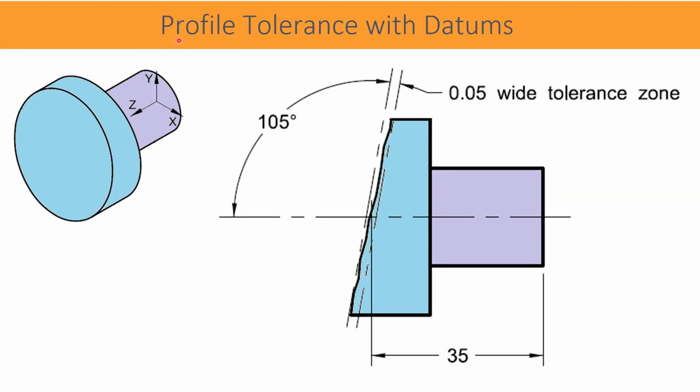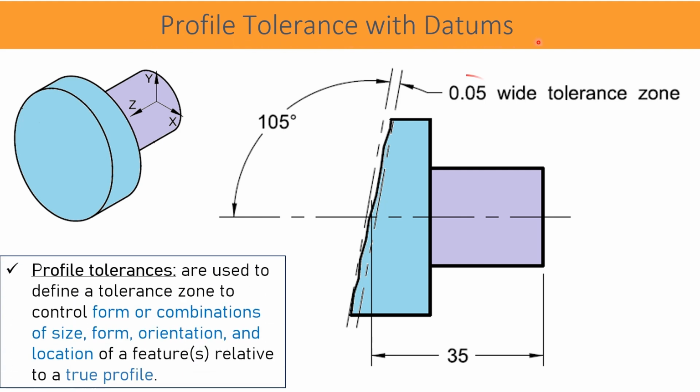Let us discuss now when the profile tolerance with datums is given. We already know that profile tolerances are used to define a tolerance zone of form or combination of size, form, orientation and location of a feature relative to a true profile.